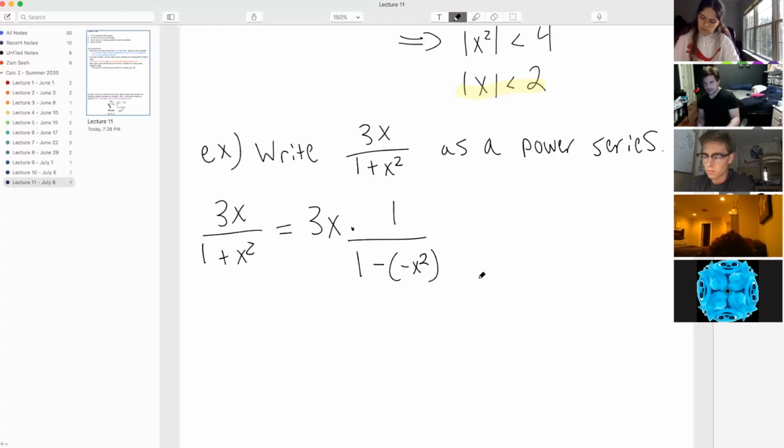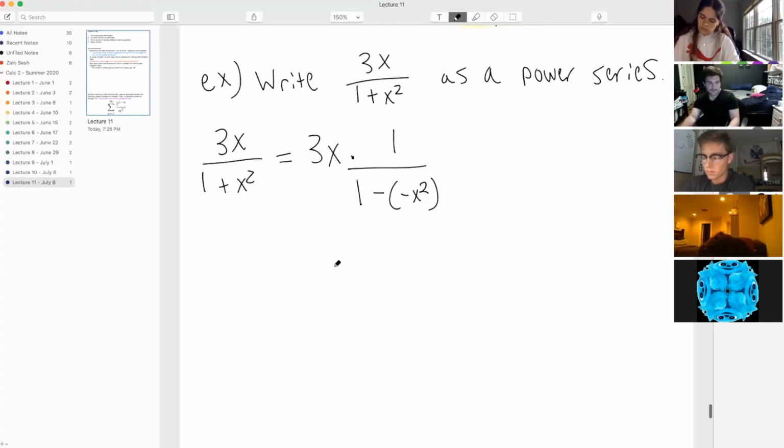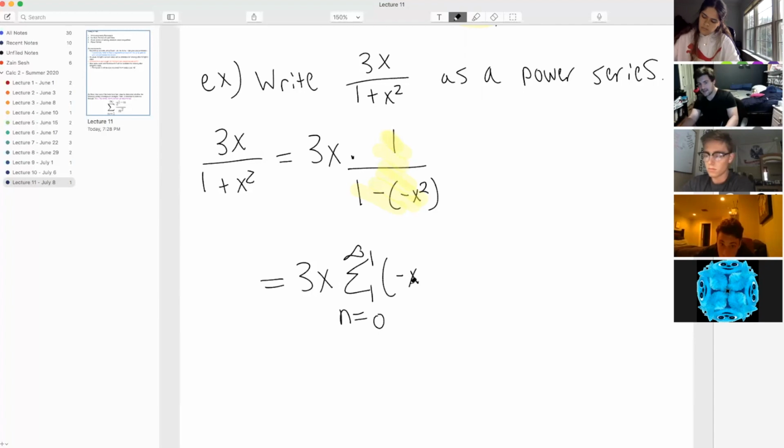I hope that's okay. And now I'm just going to jump straight to the series. This is now 3x, and this second factor here I rewrite as an infinite sum. This is a geometric series with ratio negative x squared, negative x squared to the nth power. So here's the ratio r.